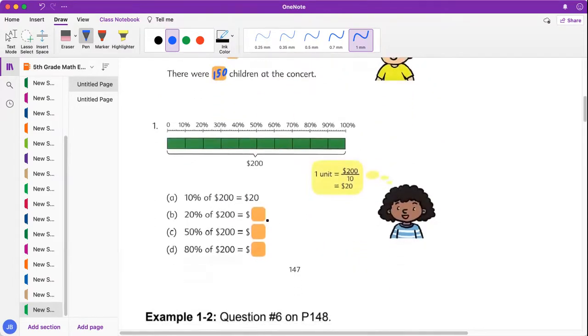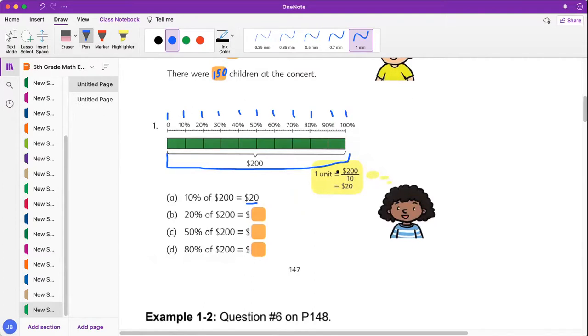So now we go to question number 1. It says 10% of $200 is $20. If this whole thing is $200, and these are every 10%, we can see every 1 unit, which is from 0 to 10%, is equal to $200 divided by 10, because there are 10 segments.